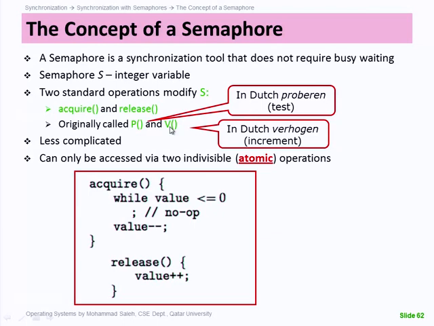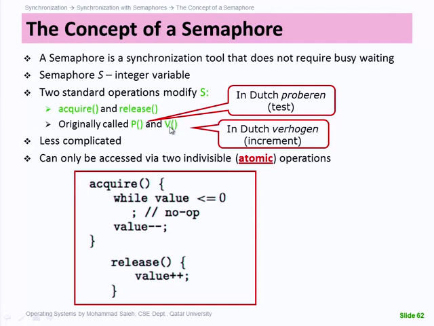And who changes unlocked to locked, 1 to 0? Which method? P, which is acquiring. So P, or acquiring, is the locking.